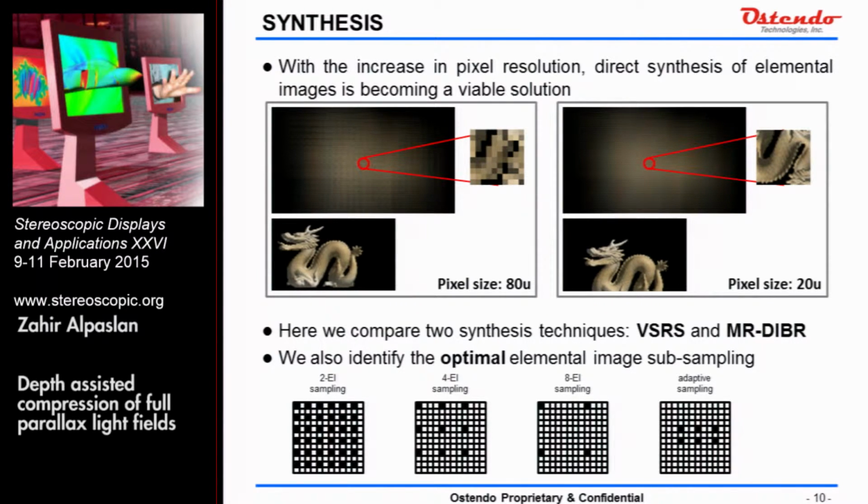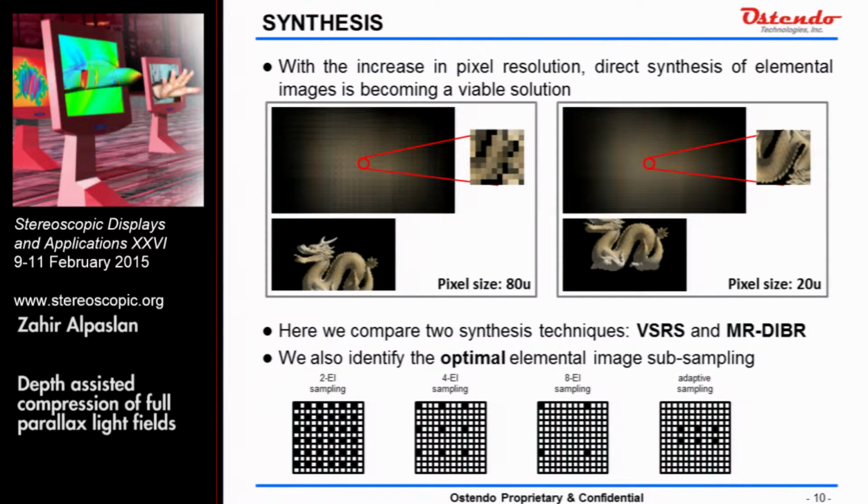So let's see how our DIBR algorithm works. Here, the results that I'm going to present are not the results with compression. It's just synthesis. And the idea is, why didn't we use synthesis before with full parallax light fields? The problem with full parallax light fields is that the elemental images were too low resolution, and the resolution actually affects the DIBR.